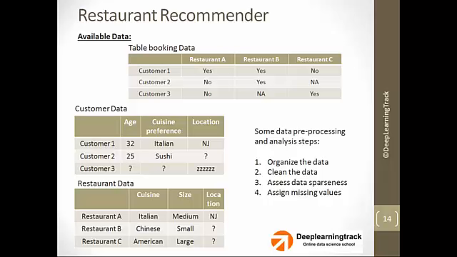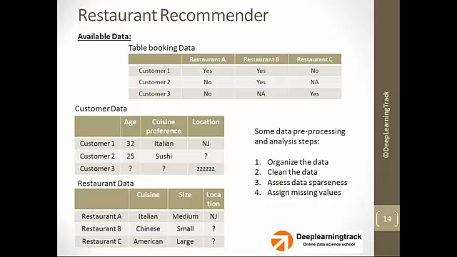So customer 1 in the past has booked a table at restaurants A and B, and not C, through the aggregator. You can also have customer data, like the profile data of the customer in terms of age, cuisine preference, and location. There could also be restaurant profile data like type of restaurant, cuisine, Italian, Chinese, American, and the size of the restaurant.